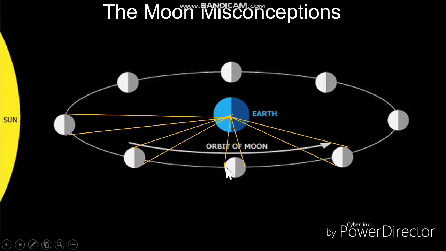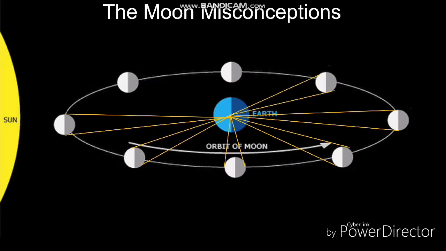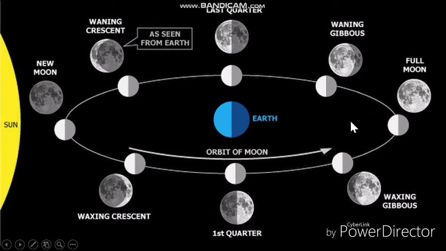The way you perceive the moon is what actually is shown in that picture. So you perceive this as just a little bit light and a lot of dark, total darkness, half light, half dark, little bit of darkness, a lot of light, full moon. And that's what I try to get across in this video, that the picture in the book is trying to show you what you see from your perspective of Earth.